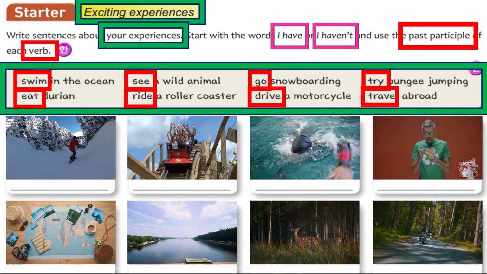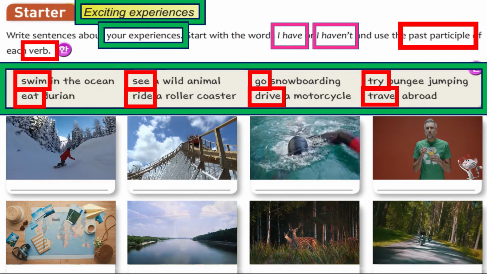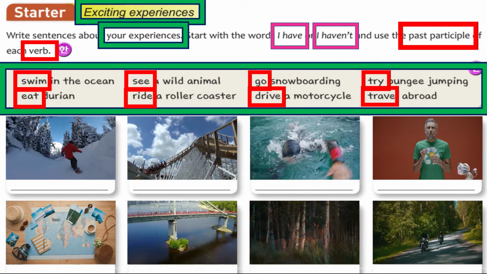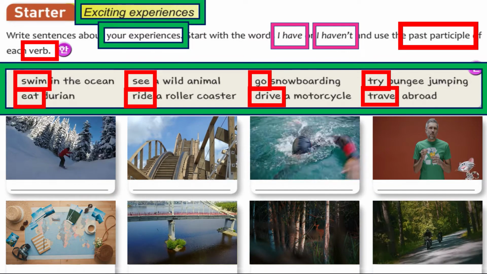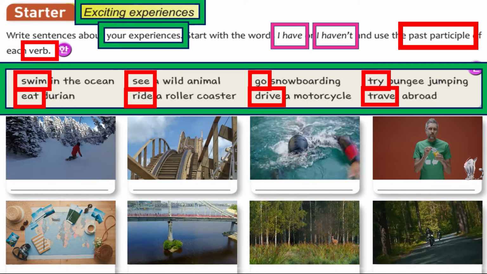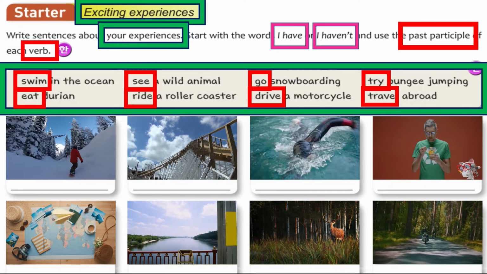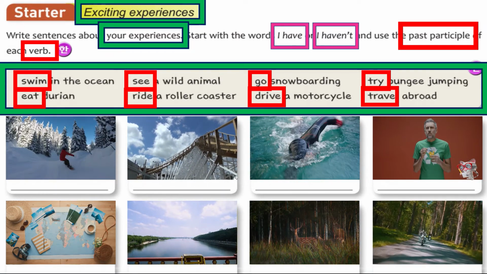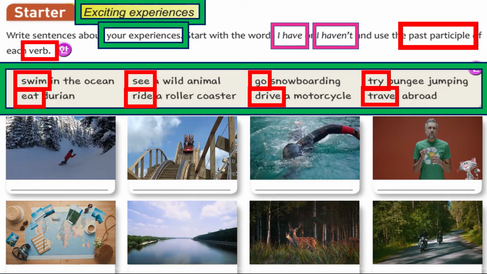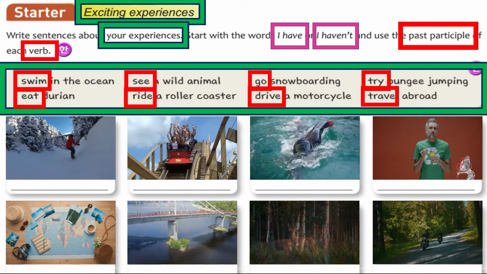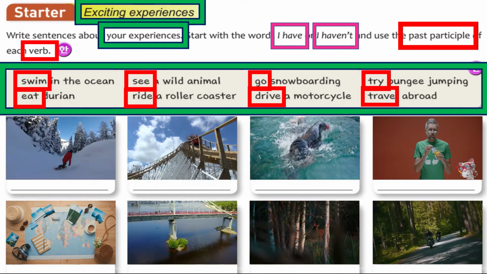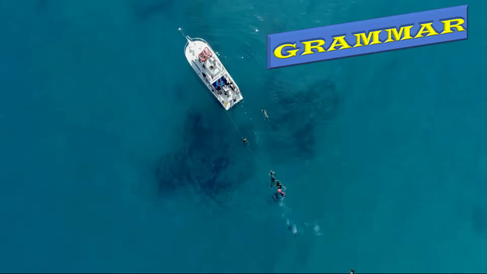Default form, okay, of the verb. Using have and past participle, you have to change the form of the verb from its default base form to the past participle, as we just did in the self-practice section. So let's look at that. Before we go into this, and before we write the sentences, we're just going to check the grammar.